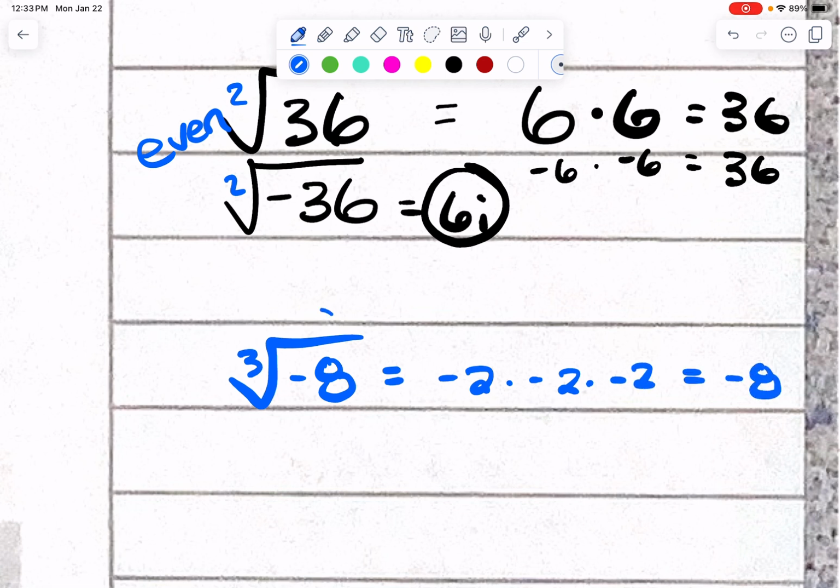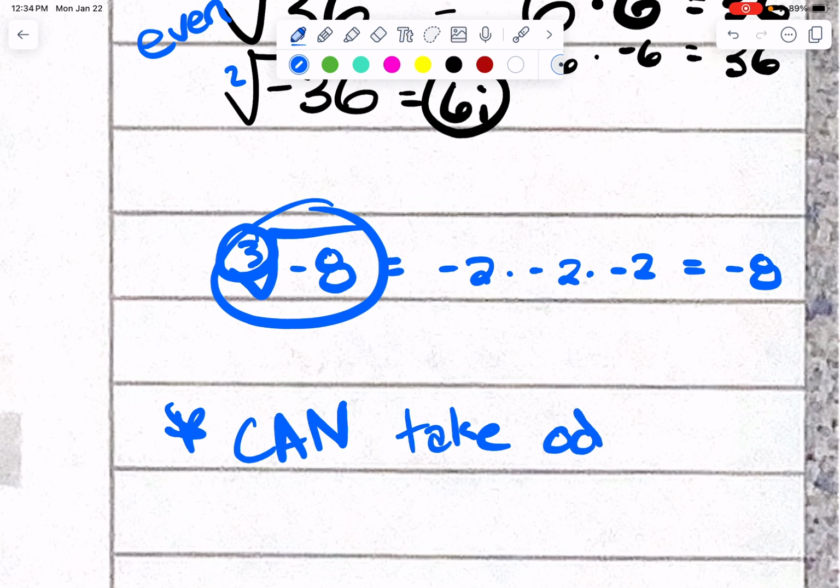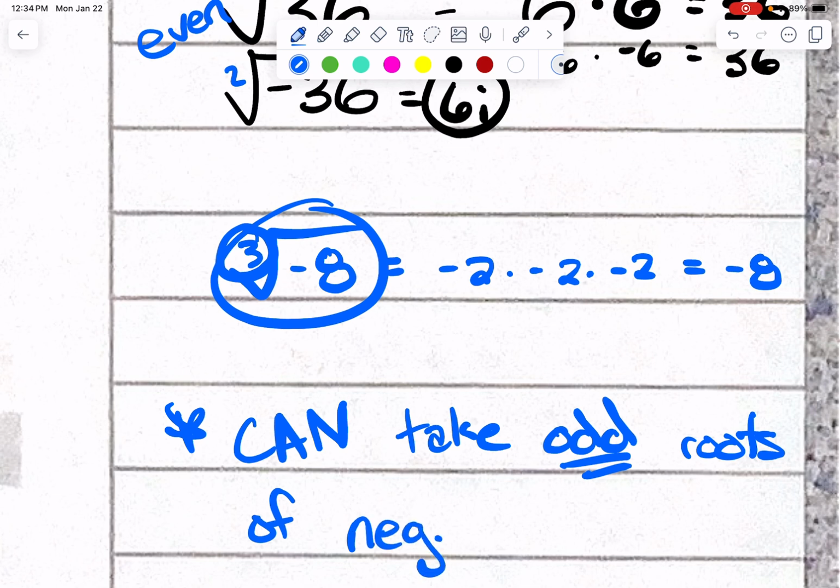So this one is not an imaginary number because it's a cubic root and not a square root, okay? So I'm going to put a little star: you can take odd roots of negative numbers, right? And I think we've talked about that before, okay?